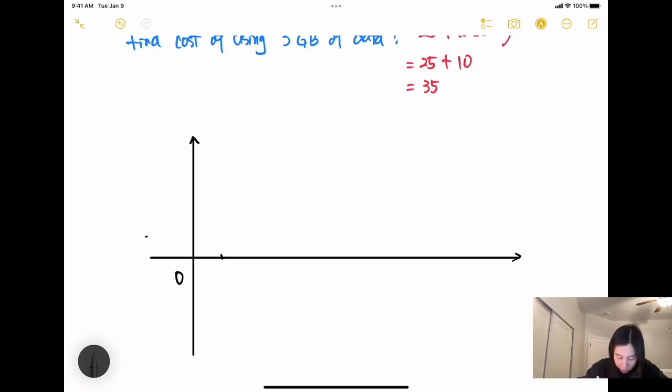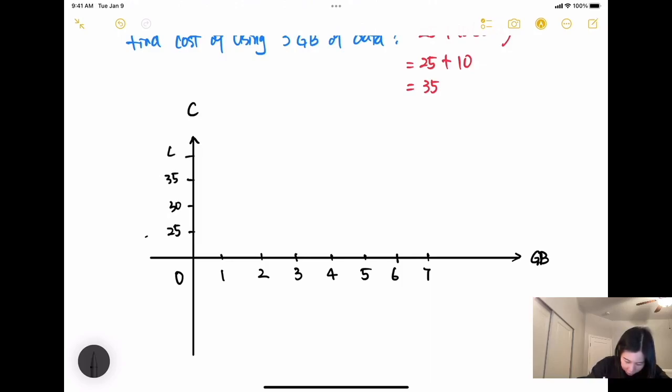So I have the gigabytes of data that you use here, and this is the cost. You have 25, 35, 45.